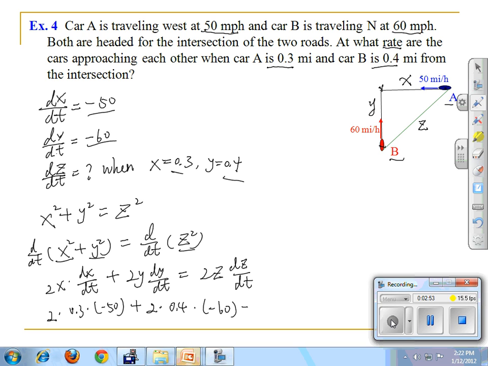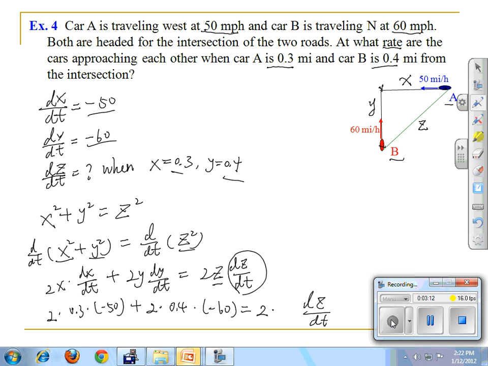So the left hand side is all known. The only thing we don't know on the right hand side is 2 times z, and dz over dt is the term we're looking for. So the only thing we don't know at this moment is z. If we are able to find z, then everything is known except dz over dt.